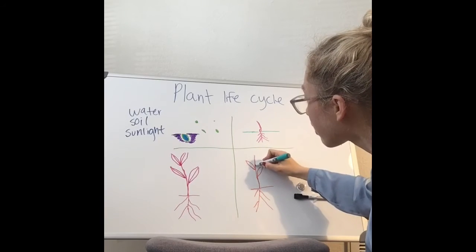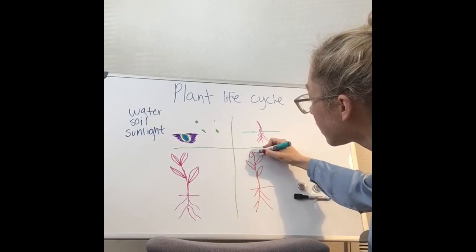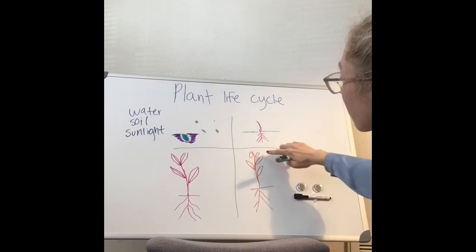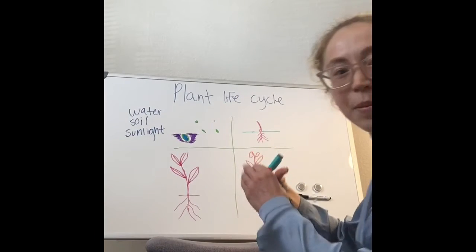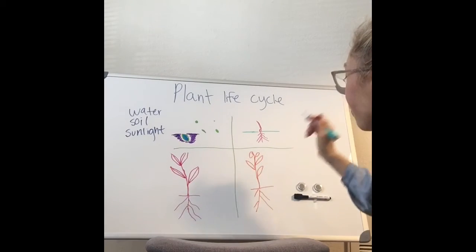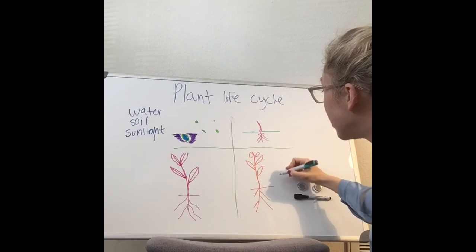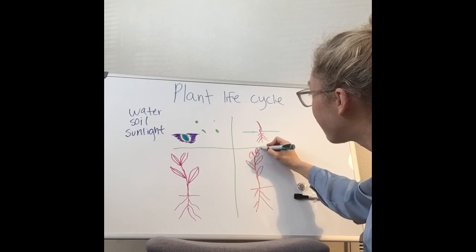So first, they form little buds, and they look sort of like this. It can look kind of like a little ball. And then, with time, those buds will eventually bloom into a flower.